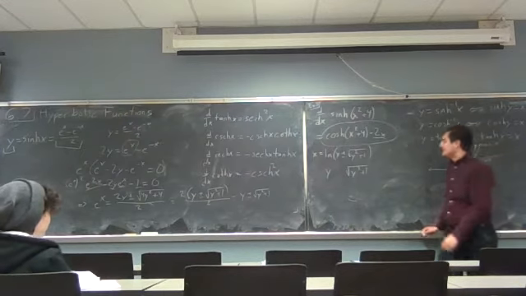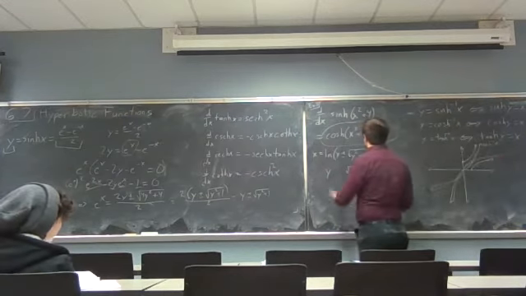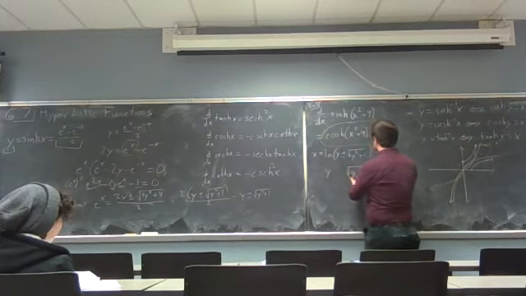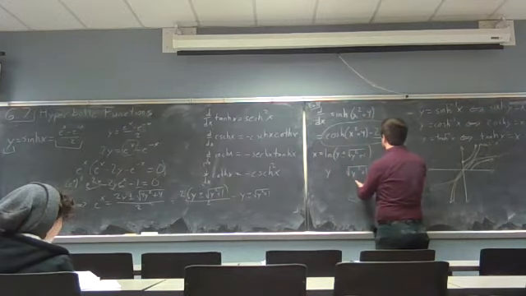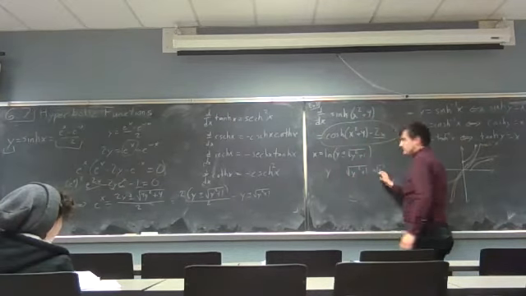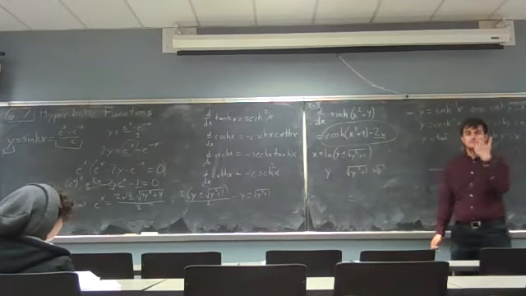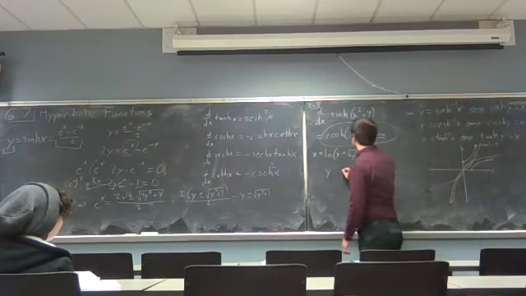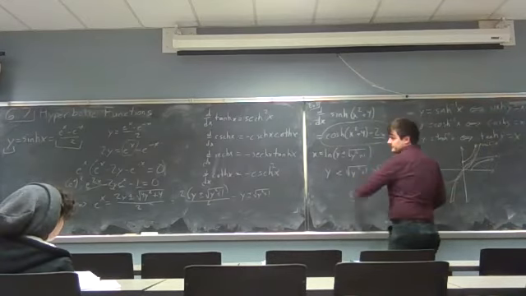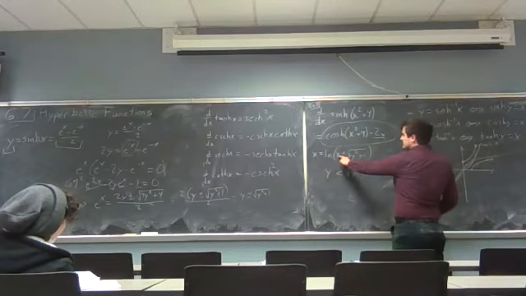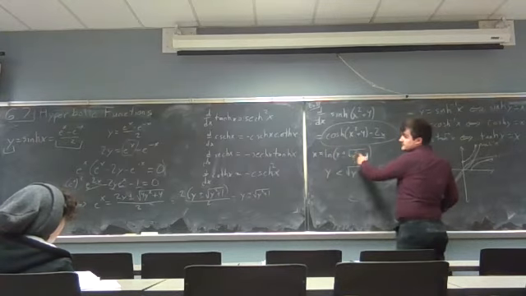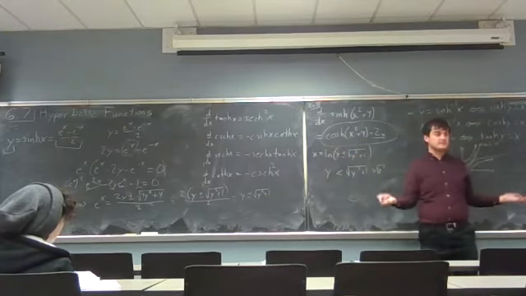Just barely, yes, because y squared plus 1 is bigger than y squared. So the square root is going to be bigger than y. If I have a negative number plus a positive number that's bigger than it, we don't have a problem. So that's okay.